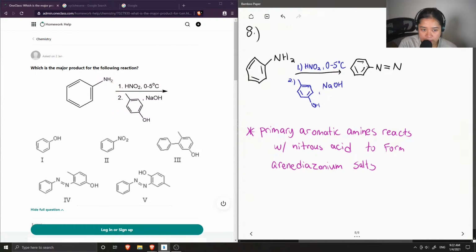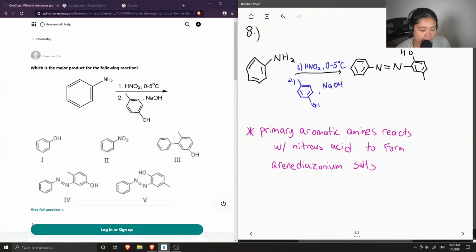So this nitrogen is from the nitrous acid. And then our second benzene ring that has the alcohol and a methyl group in the para position.